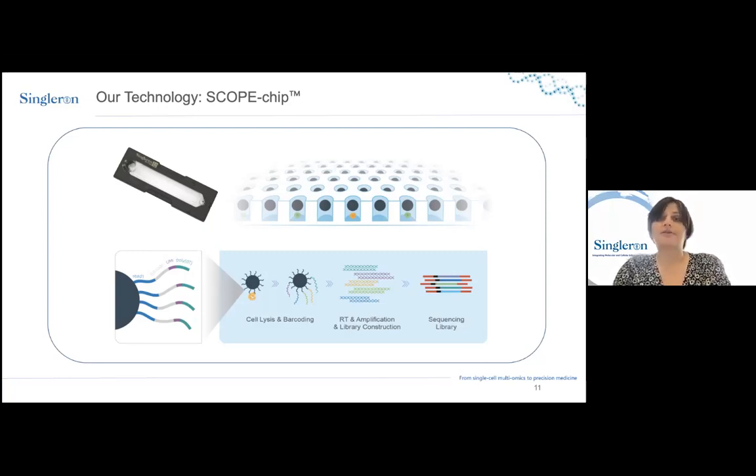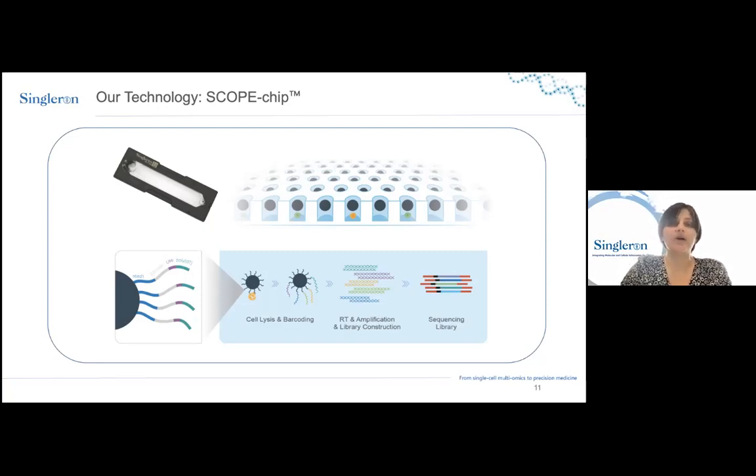After cell partitioning, we load barcoding beads onto the chip. The size of the microwells and the barcoding beads ensures that only one barcoding bead falls into each microwell. So in the end, you have single cells and single barcoding beads in the individual microwells.